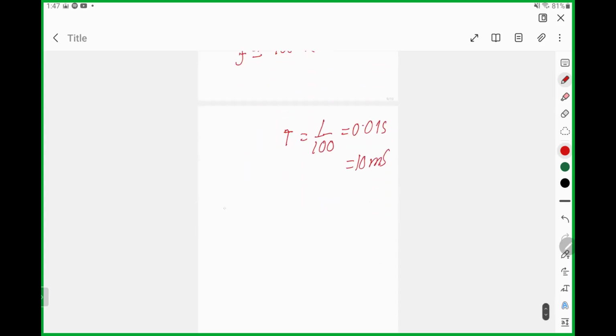Now I will keep this one as 20, but the period of this signal now is 10 only. That means I need to divide this as 5, and then 2.5, and 2.5. Then my signal will look like this, and then it will be repeating here.